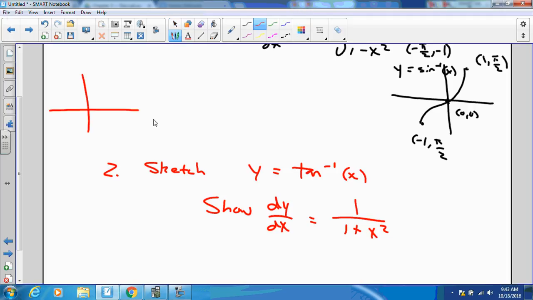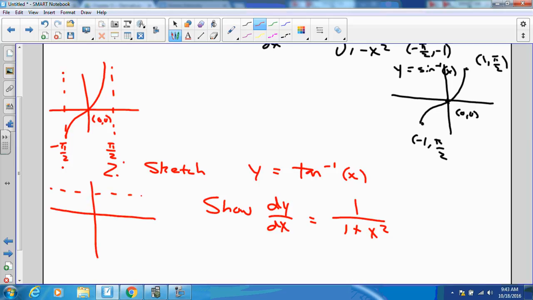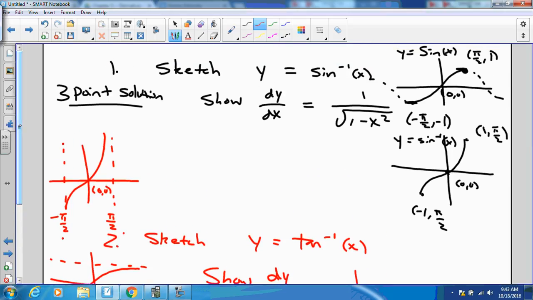We're going to choose a branch of tangent, or a piece of tangent is a better way of putting it, for which tangent is always increasing, like so. And so our 3 points are really the two vertical asymptotes here and the origin. And so that immediately gives us two horizontal asymptotes for inverse tangent and the origin. And now my graph looks like so. So that's how the graphs go.